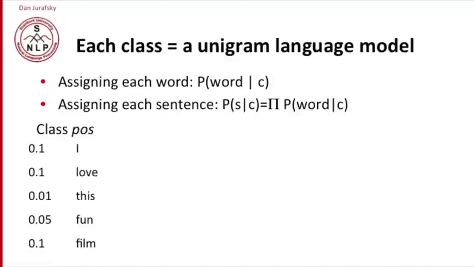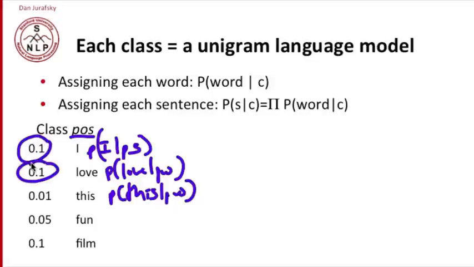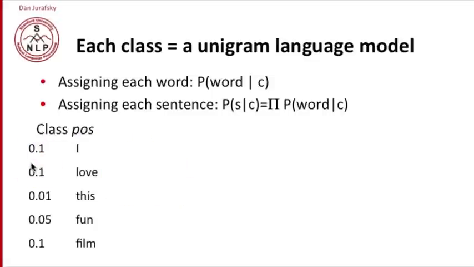Imagine that we have the class positive, and we have our likelihoods, the likelihood of I given positive, that's P of I given positive, and we have P of love given positive, and we have P of this given positive, and so on. And P of I given positive is 0.1, and P of love given positive is 0.1, and so on. Okay, so here's our naive Bayes classifier. Well, we can think of that exactly as a language model. We have a sequence of words.